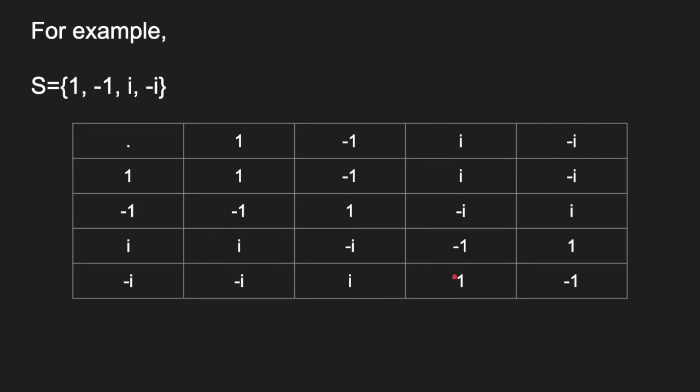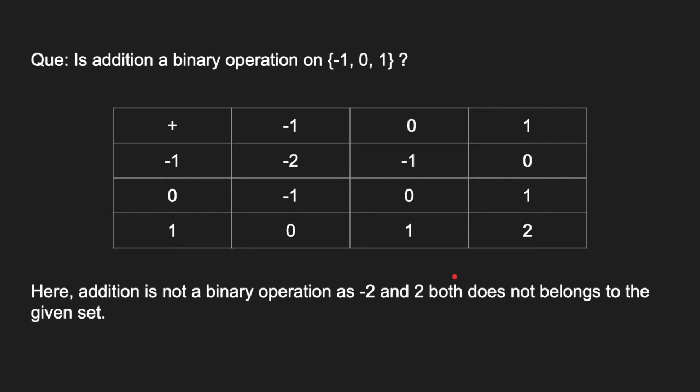For example, this is the question: is addition a binary operation on the set minus 1, 0, and 1? Here, the operator is plus, and we have three entries. Now, see, minus 1 plus minus 1 is minus 2. Same way, minus 1 plus 0, minus 1 plus 1, that is 0.